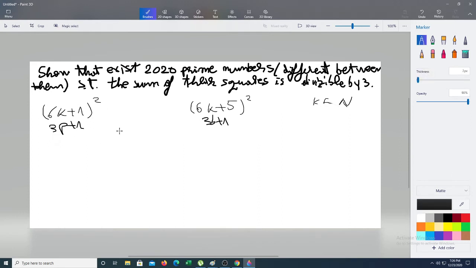Now, what I have to do with this? I can see that 3p plus 1 is equivalent to 3b plus 1.